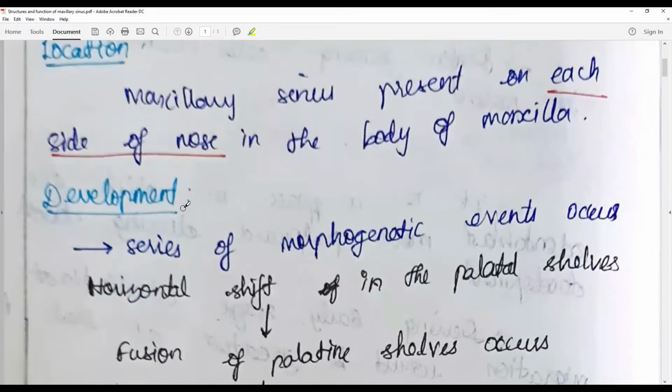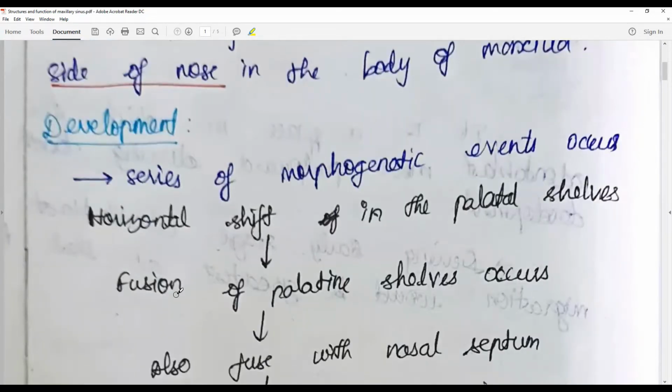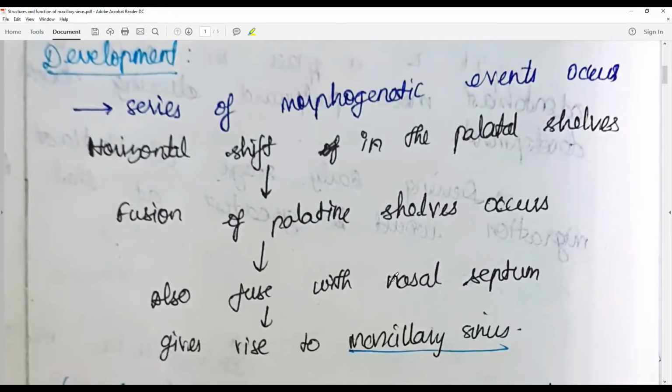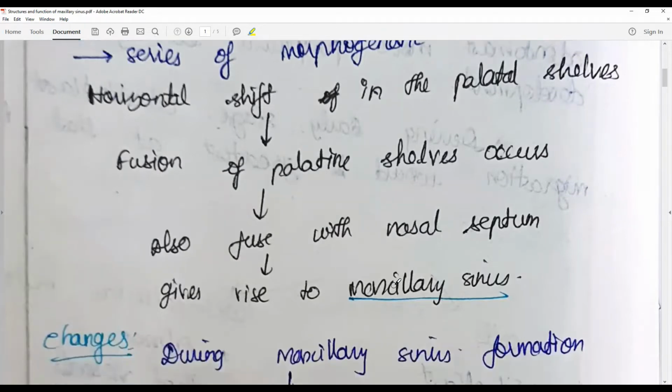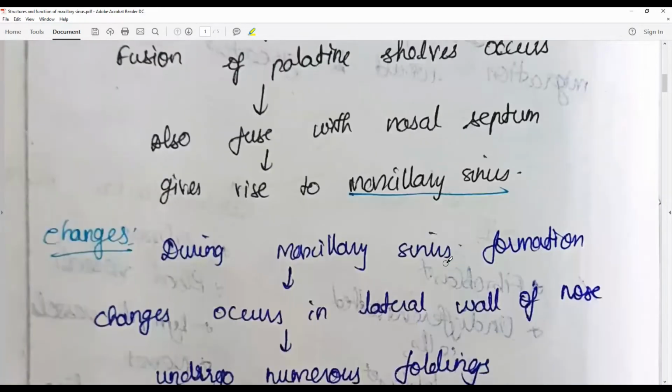How does it develop? It develops in a series of morphogenetic events occurring during the horizontal shift of the palatal shelves, wherein after a period of 7 to 8 weeks there is a fusion of the palatal shelves, which later fuse with the nasal septum. It is during this process that the maxillary sinus is initiated.